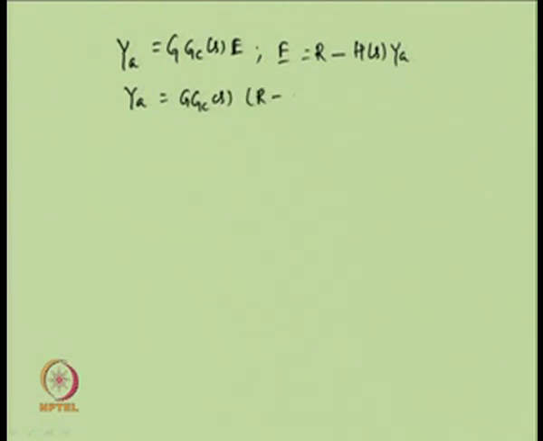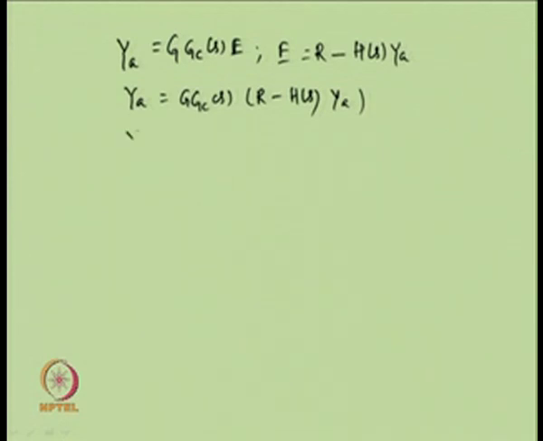Y_A can be written as G G_C(s) E, where E will be equal to R minus H(s) Y_A, thus giving Y_A equal to G G_C(s) R minus G G_C(s) H(s) Y_A.